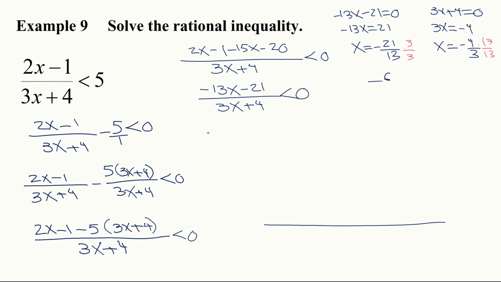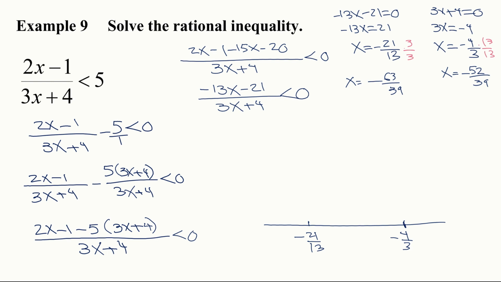So negative 63 over 39 or negative 52 over 39. Remember, with negative numbers, the larger the absolute value, the actually smaller that it is. So this is actually smaller than this. So negative 21 over 13 will go here, and negative 4/3 will go to its right.